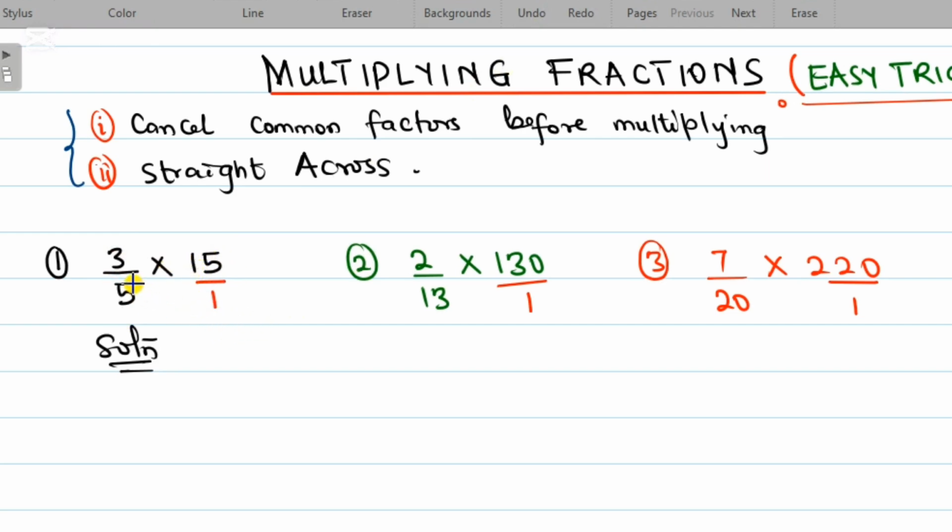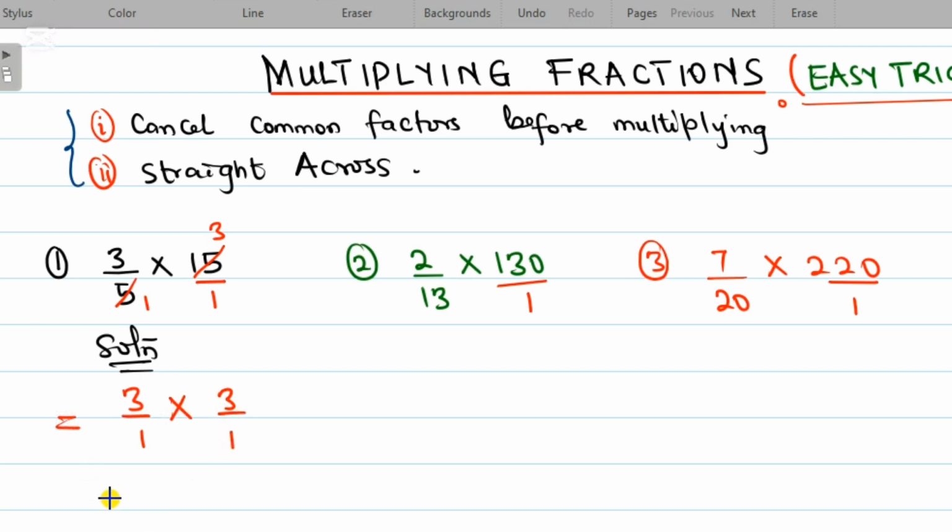Here we can see that 5 can cancel 15. So 5 into 5 is 1, and 5 into 15 gives us 3. Once you are done, what we have left is 3 over 1 multiplied by 3 over 1 as well.